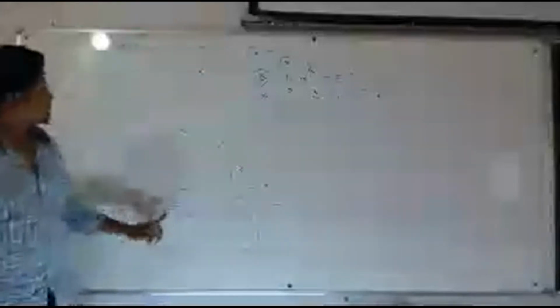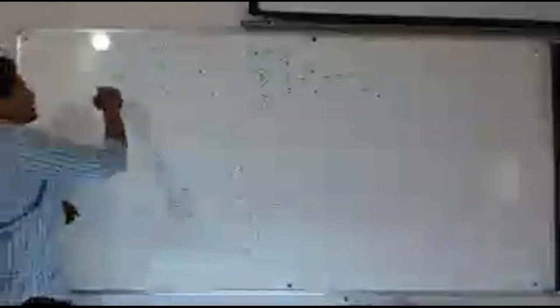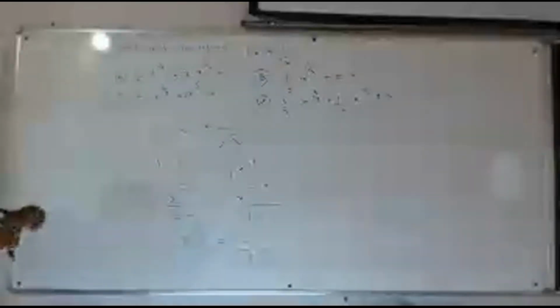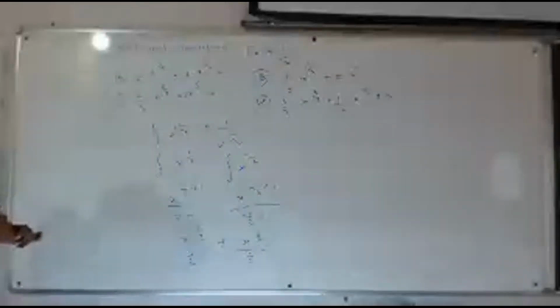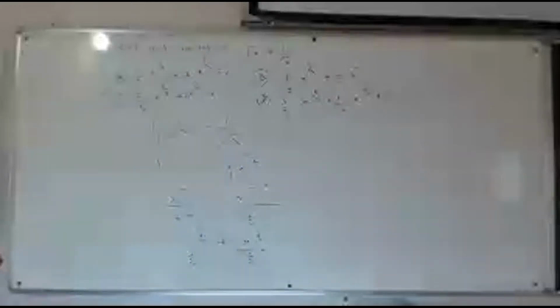This 2 by 3 goes up. What is the answer here? 2 by 3 x power 3 by 2 plus 2 x power 1 by 2. See, what is the correct option here? C is the correct option. Okay, let us move to the next question.